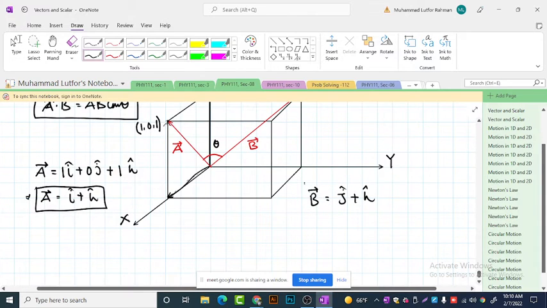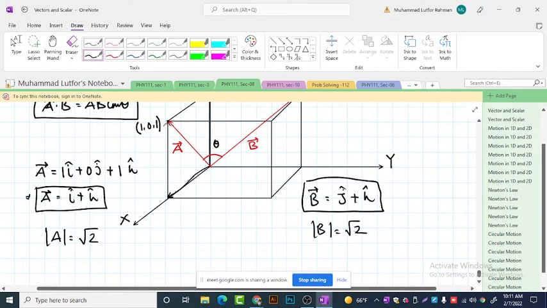Fine, I found these two vectors. Now I can find the magnitude of vector A. The magnitude of vector A would be 1 square plus 1 square, because this is how we define the magnitude of i j k in the Cartesian coordinate system. Then this magnitude would be square root 2. By the same analogy, the magnitude of B would be square root 2 also.